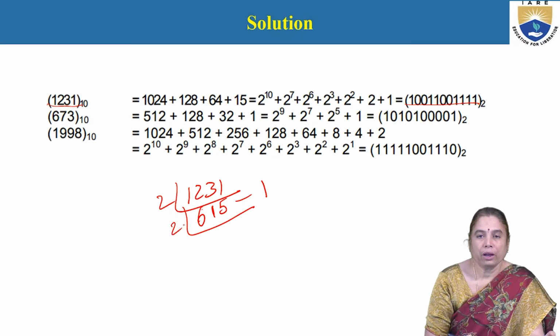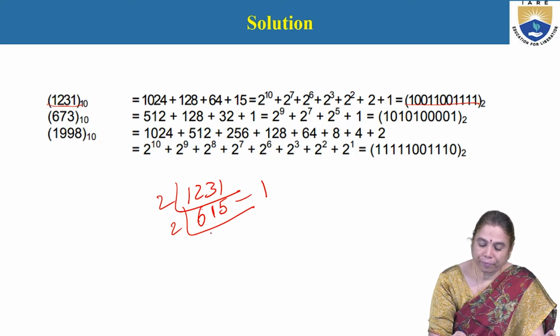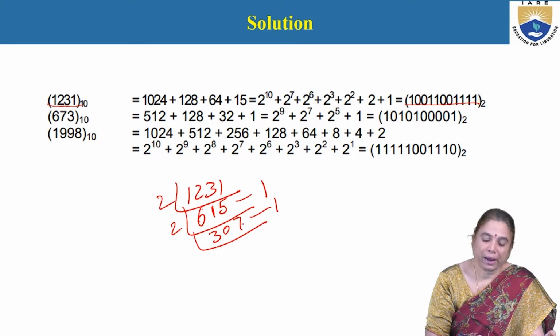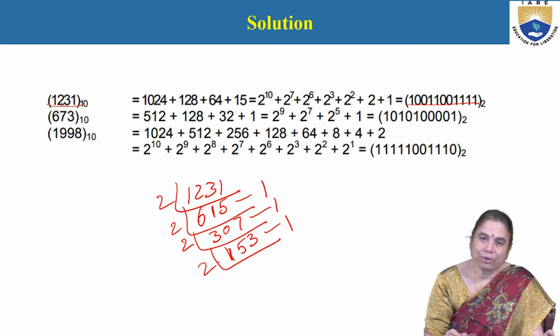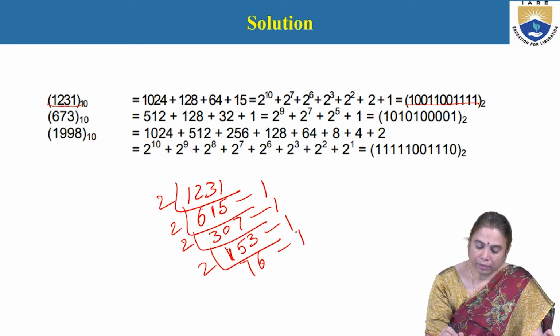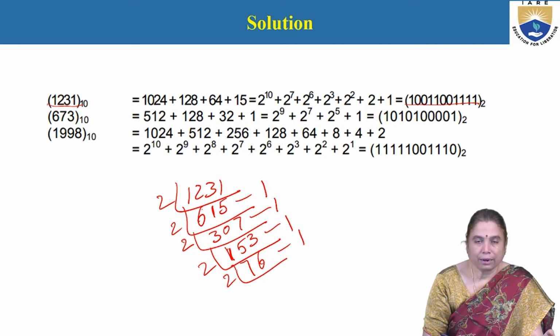Next, again we further divide the number by 2. So here 307 with 1 as the remainder. Next, again further divide this 153. Again further divide this.